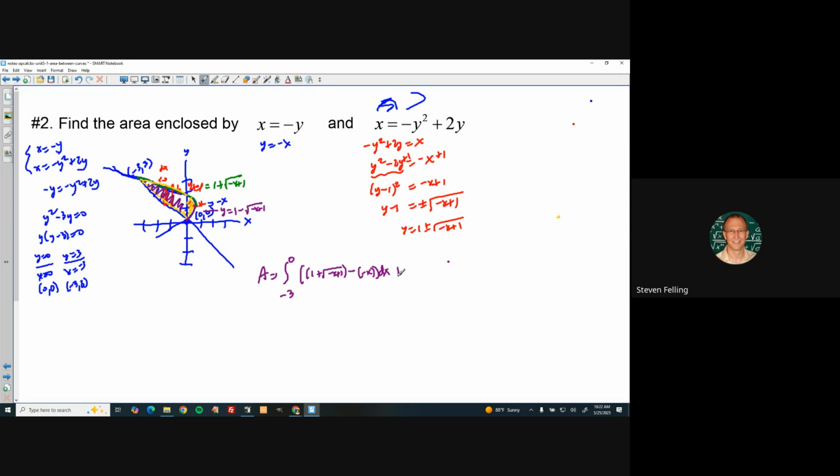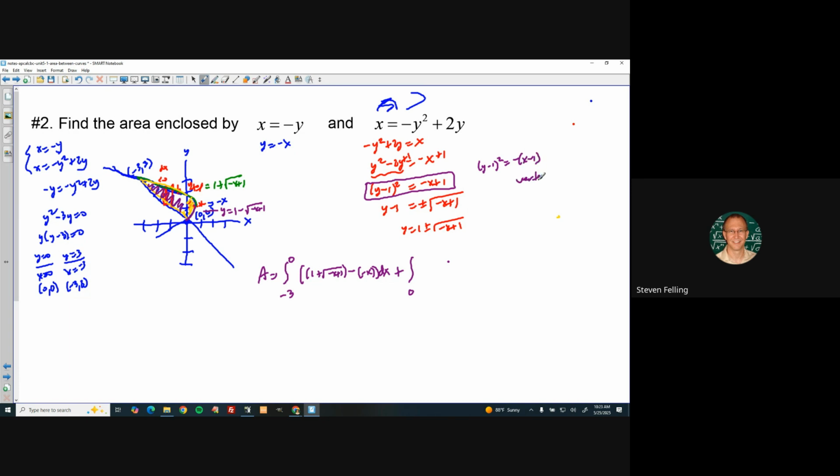But then we'd have to do another integral that goes from here to here. And then I've got to figure out, well, where is this? How far does this go over? So maybe what we can do is, if we remember our conic sections, we can see that the vertex of this is at 1, 1, because this is equivalent to y minus 1 squared equals negative x minus 1.